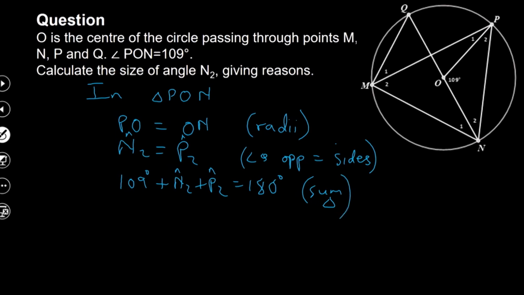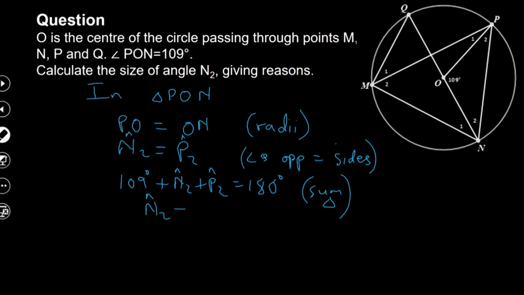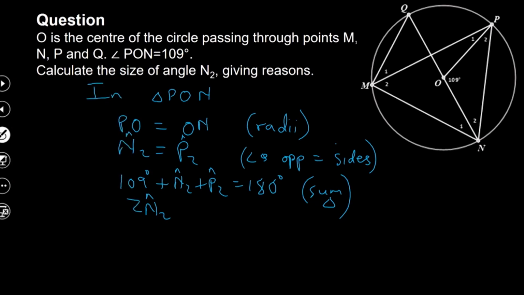Therefore, this makes my N2 plus, I'm just going to make it 1 N2 because that's what we are trying to find, because it is equal to P2. I will say 2N2 is equal to 180 minus 109, which will then be 71.